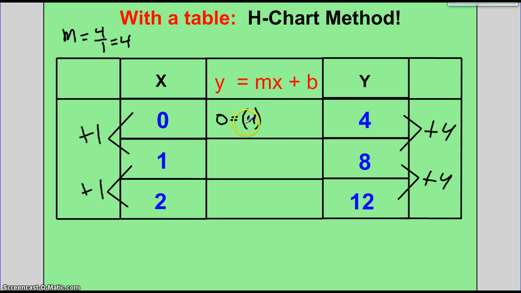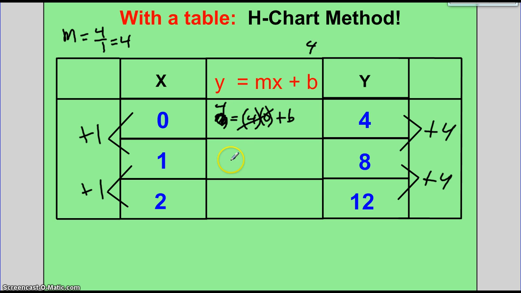I'm sorry, my y is 4, sorry. My slope is 4 and my x is 0, so I need to figure out what the b term is. So this goes to 0. That means it looks like b is 4.